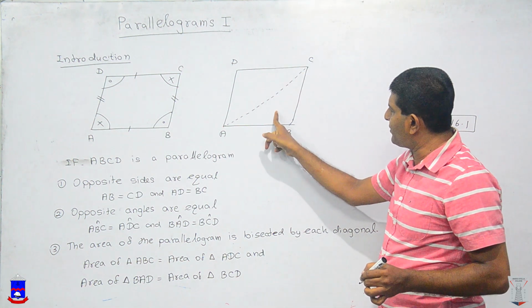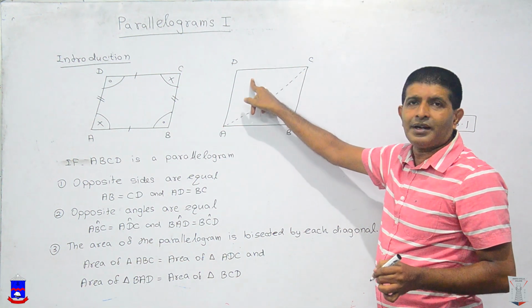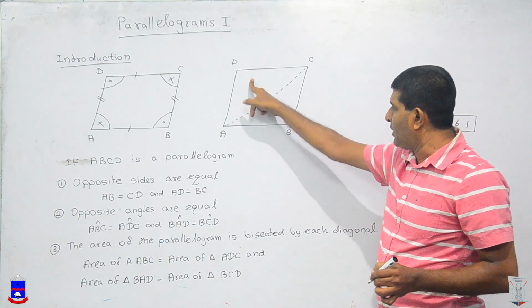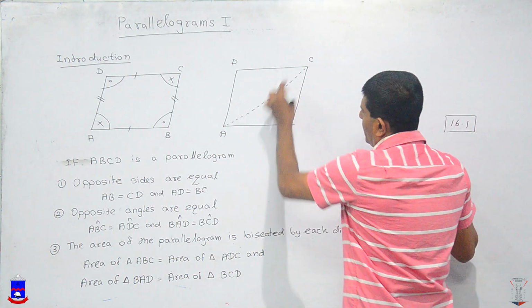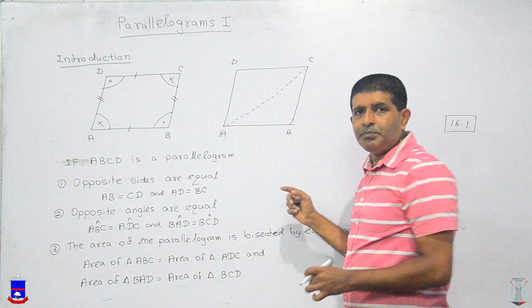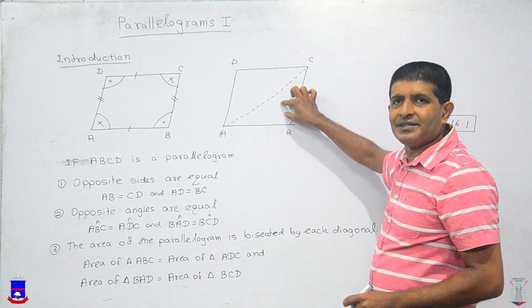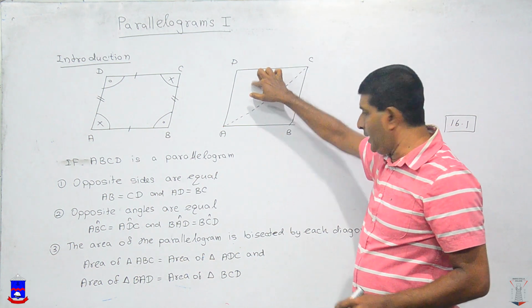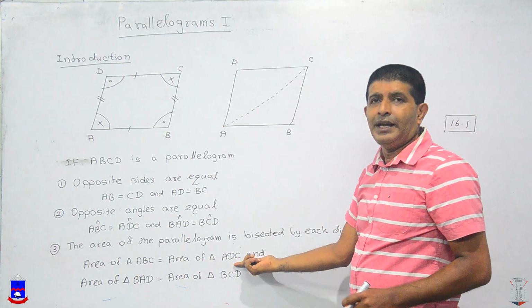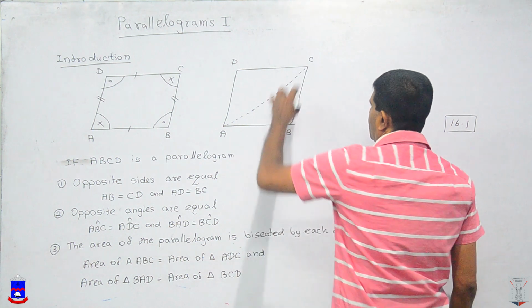The first triangle is triangle ABC and the second is triangle ADC. The third property says that the area of triangle ABC should equal the area of triangle ADC. This is the first part.